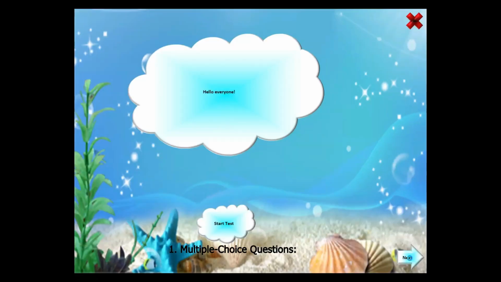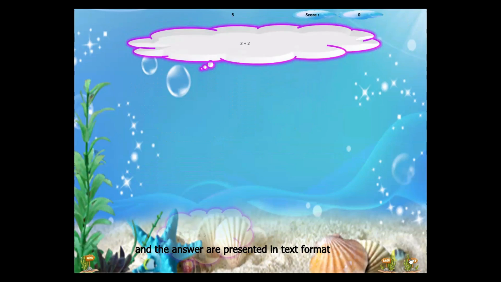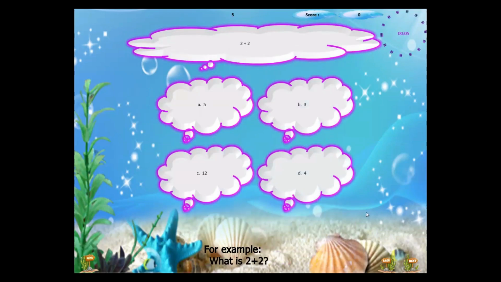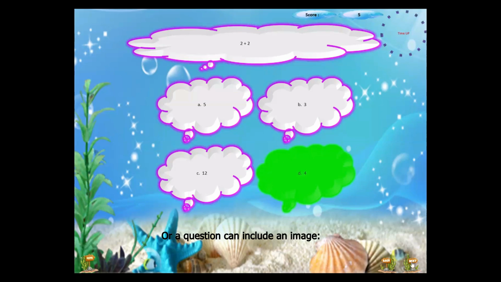(1) Multiple choice questions. In this type of question, both the question and the answer are presented in text format. For example, what is 2 plus 2? Or a question can include an image. How many butterflies are in this picture?